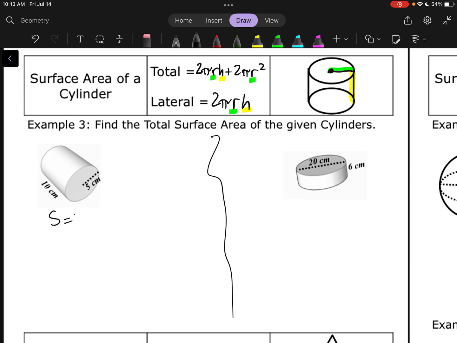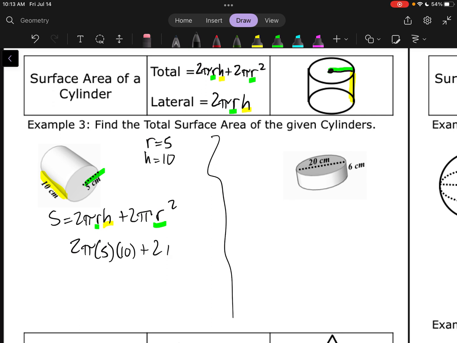So let's give it a shot here. 2 pi rh plus 2 pi r squared. Looks like we've got everything we need. Our r is 5 and our h is 10. So let's plug it all in there. We're going to do 2 times pi times 5 times 10 plus 2 times pi times 5 squared.